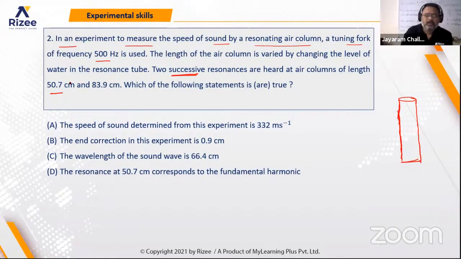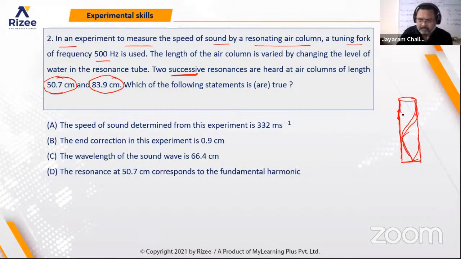We don't know for which frequency this length is occurring. So if I take the general case for the second resonance, this might be the situation, and the shape of the wave will be like this inside.